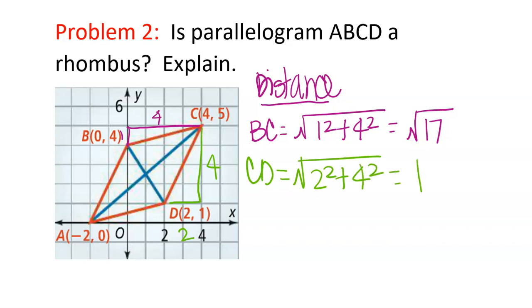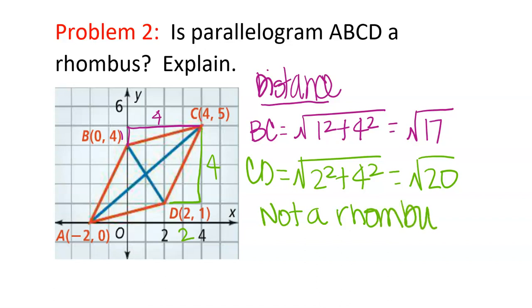That's 16 plus 4, so that would be square root of 20. Is this thing a rhombus? They're not the same, are they? So why go through all the work showing all 4 if you already know the first 2 are not the same? Okay, so I'm going to say not a rhombus. Sides not congruent.